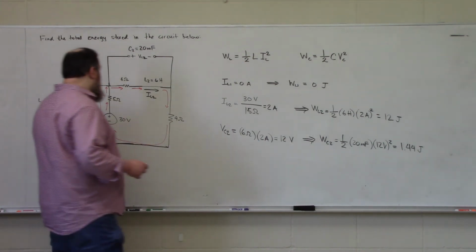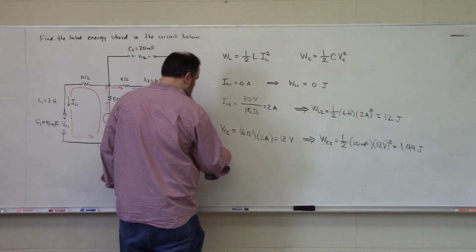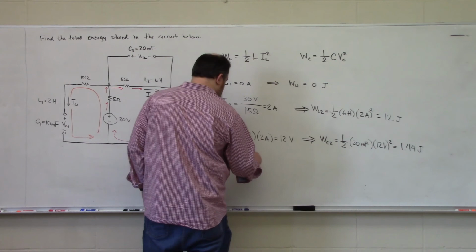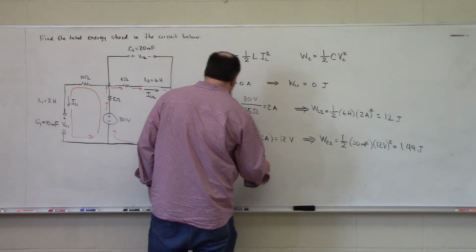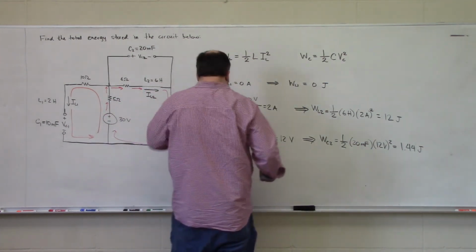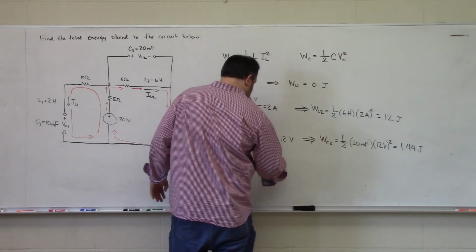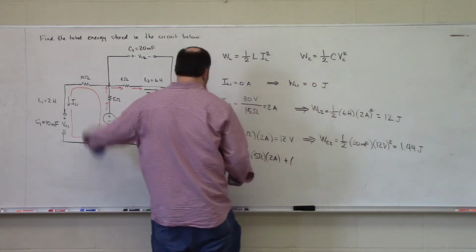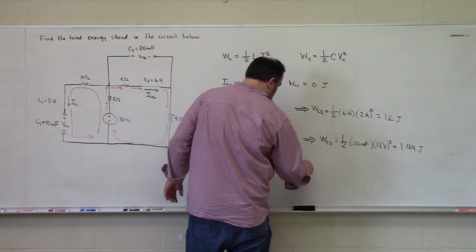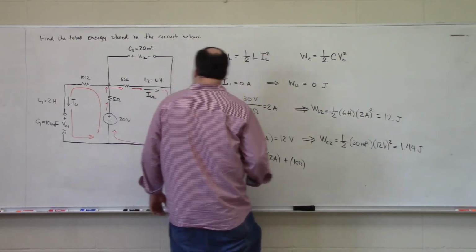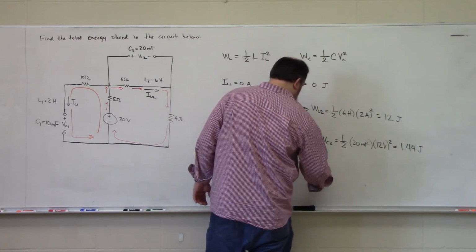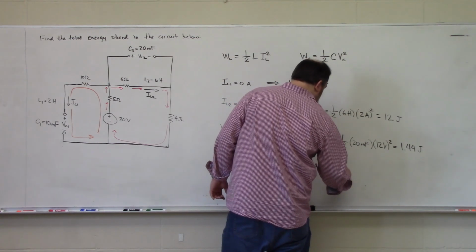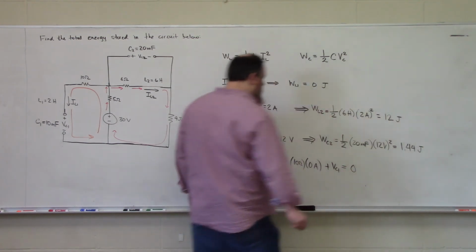So I would see negative 30 volts plus 5 ohms times the current that's flowing through that 5 ohm resistor, which is 2 amps, plus 10 ohms times the current which is flowing through the 10 ohm resistor, which we know to be 0 amps, plus VC1 is equal to 0.